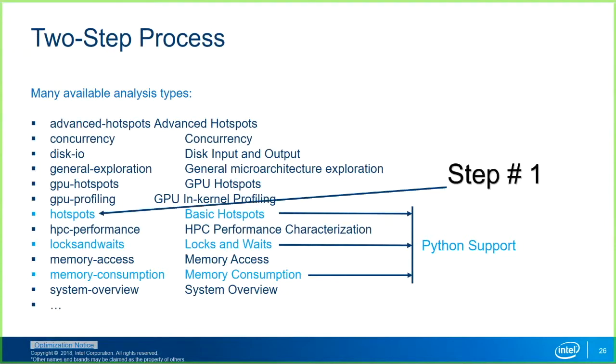First, we're going to run the basic hotspots analysis, and that's essentially to get a good Python call stack and figure out the structure of the code and where the overall time is being spent within each layer of Python. After that, my two favorite ones are general exploration, which is good for microarchitecture, and HPC performance, which is a little bit more useful for threading.